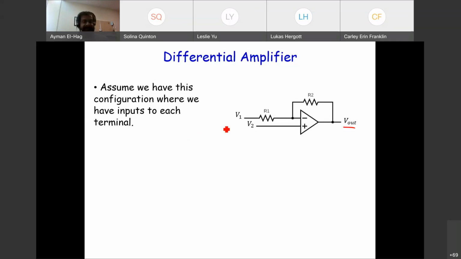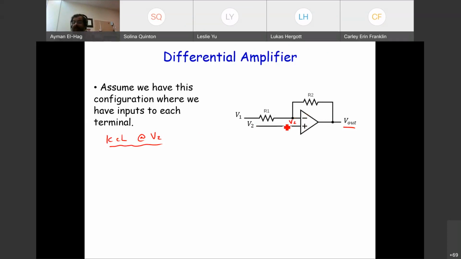So let's apply KCL here. Now this voltage is V2, so this will also be V2. Apply KCL at V2. We'll assume the currents are leaving. We have three branches, one, two, three branches.